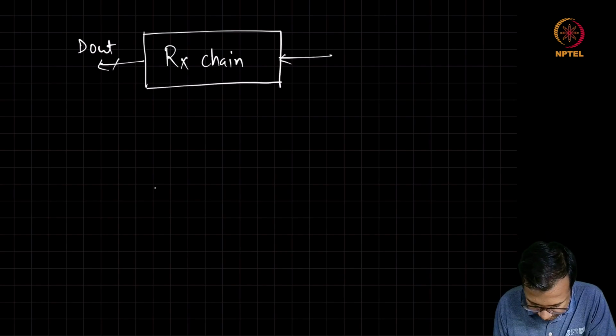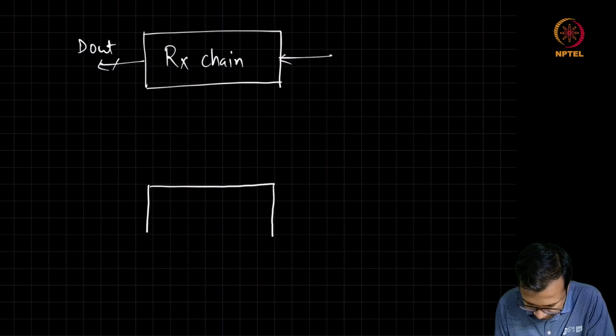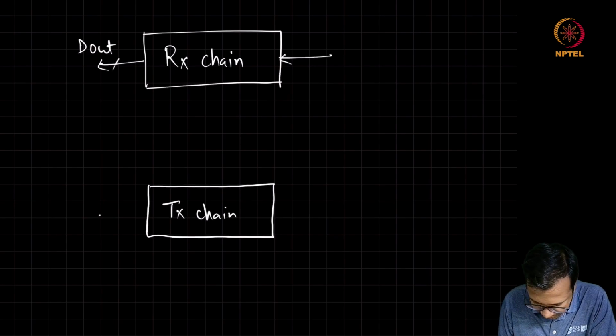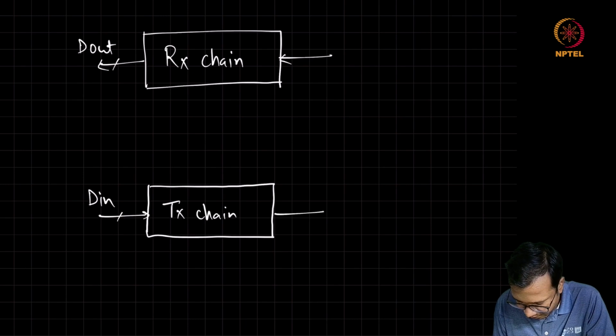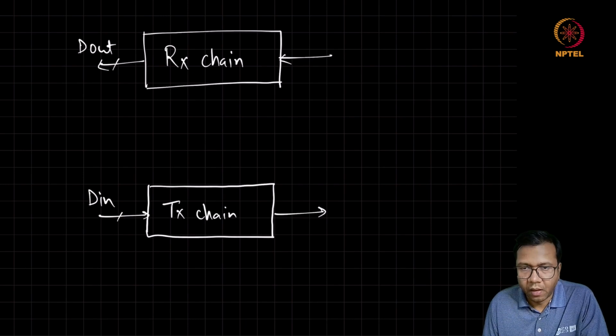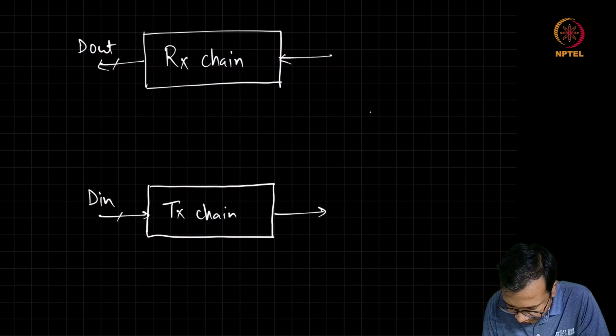We have also seen building blocks of the transmitter chain, which takes digital input and generates RF output. And in a transceiver system, this transmitter chain and receiver chain both share an antenna with the help of a duplexer.